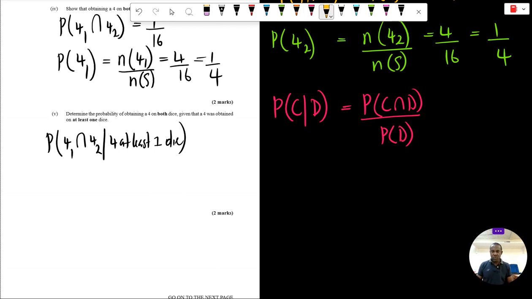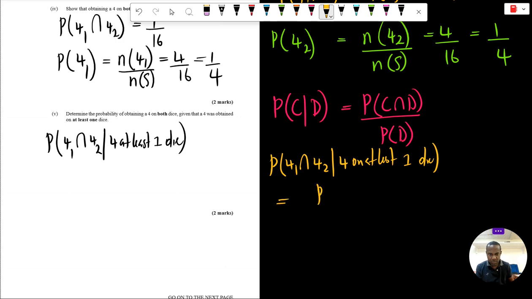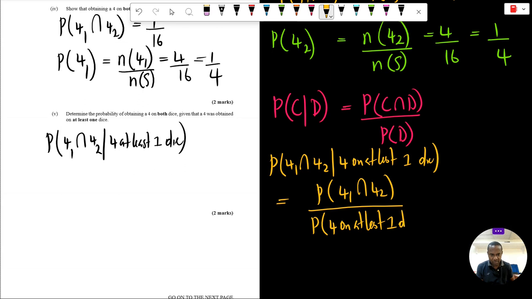It basically means that the probability of obtaining a 4 on die 1 and a 4 on die 2, given that we obtained a 4 on at least one die, is equal to the probability of obtaining a 4 on die 1 and a 4 on die 2 divided by the probability of obtaining a 4 on at least one die.